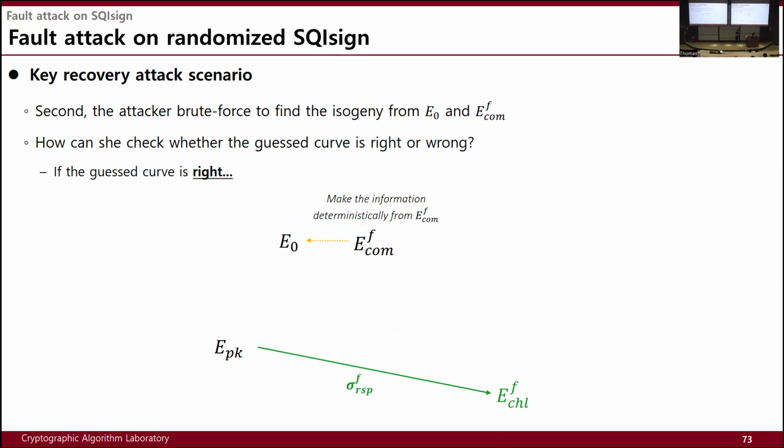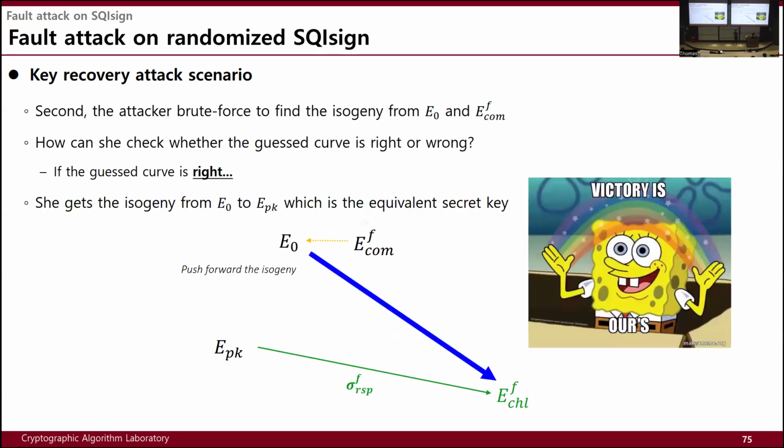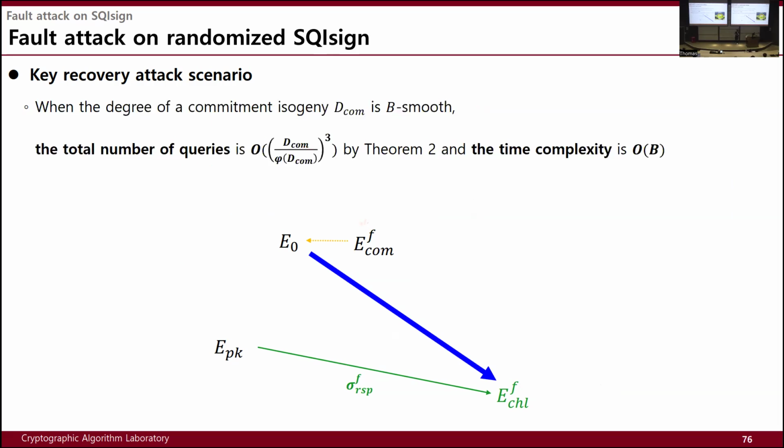But when her guess is right, the right information from the faulty commitment curve generates the right isogeny, which, push-forwarded, goes to the codomain of the faulty sigma. Then she immediately gets the isogeny from E0 to the public curve, which is the equivalent key.